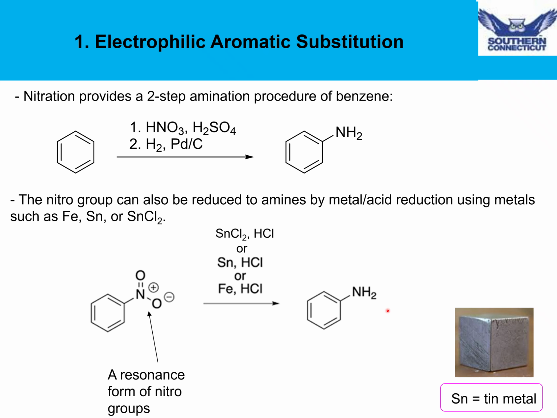A third method to reduce nitro groups, which is often used to reduce other functional groups, is a hydride reduction. So using, for example, lithium aluminum hydride will reduce a nitro group into an amino group as well.